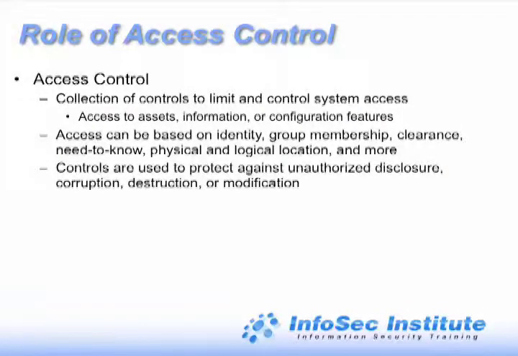So, okay, rules of access control. Basically, you want a collection of controls to limit control system access, access to assets, information, and configuration features. Then also access based on identity, groups, and clearance, need to know, physical and logical location, and more. I know there's some technology that actually uses GPS to see where you physically are, so you can be validated not only by who you are, but by what you have, let's say multiple authentication features: username, password, possibly even some sort of key, but then the GPS says, well, you should only be authenticated in this specific location.